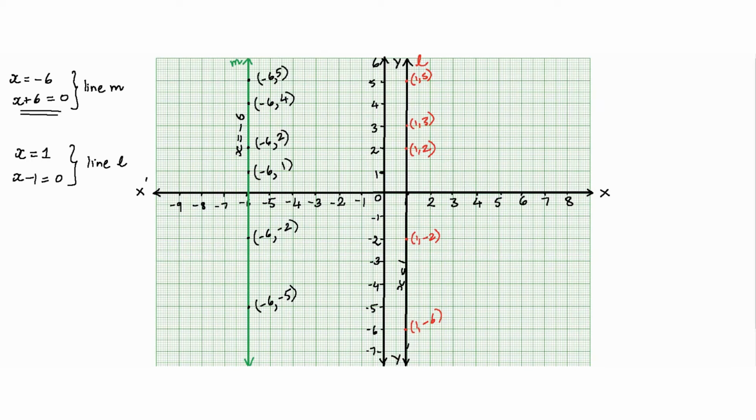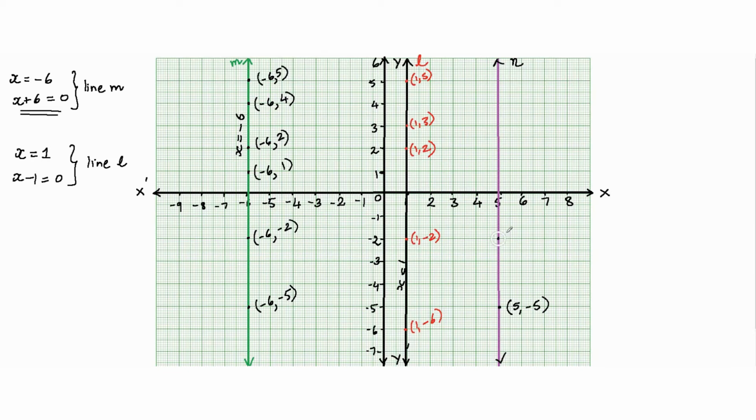Let us mark one more line on this graph, right over here. Now let us find the coordinates of some points lying on this line. Let us mark this line as line N. The x coordinate is 5 and the y coordinate is -5, so this is (5, -5).